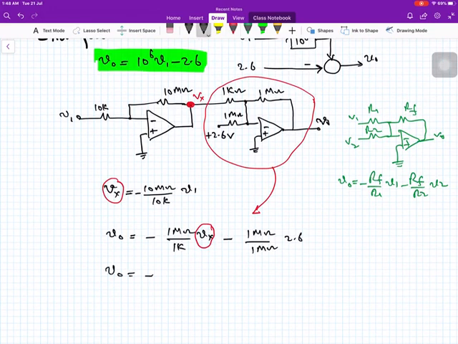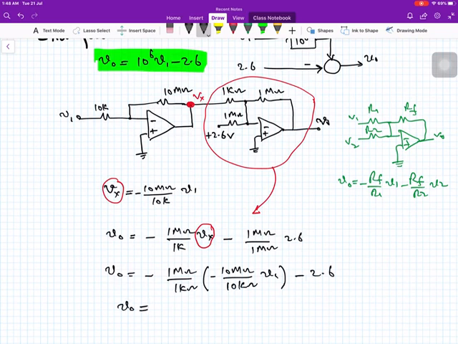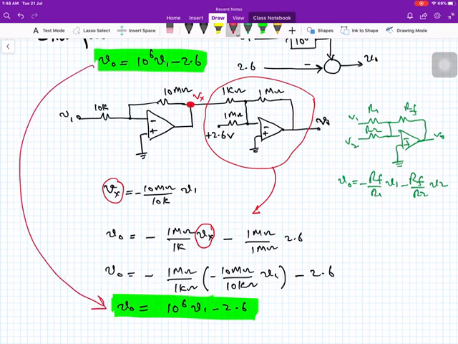This is minus 1 mega ohm over 1 kilo ohm, multiplied by minus 10 mega ohm divided by 10 kilo ohm V1, and minus 2.6, and you will find that this is 10 raised to the power 6 V1 minus 2.6, and it shows our desired result. So this is one option.